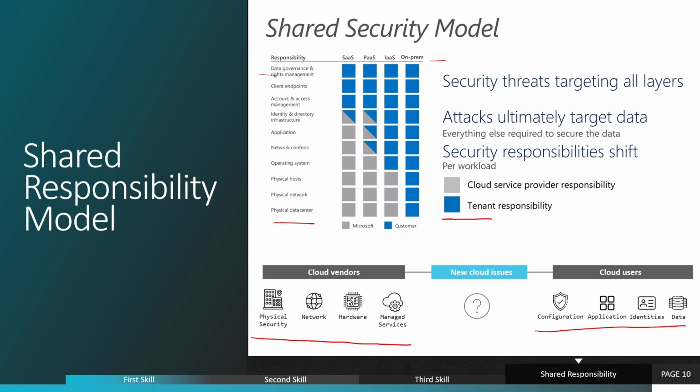Now, as we begin to adopt the cloud gradually, a lot of customers test the waters by going to IaaS, short for infrastructure as a service. And now, as we can see here, the responsibility is shared in infrastructure as a service between the cloud vendor and the cloud user. And of course, depending on which of the models that you choose, the more control you have, the more responsibilities you have as well.